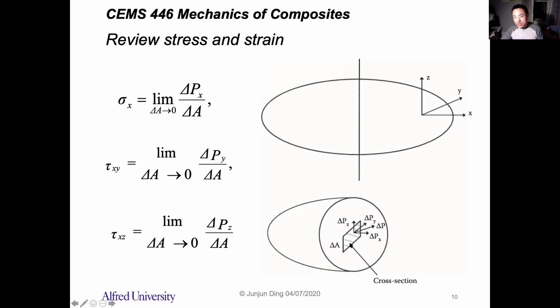So the delta A is in the plane of yz, perpendicular to the x direction. So the tau xy is the force in the y direction that is applied to the plane that's perpendicular to the x direction.